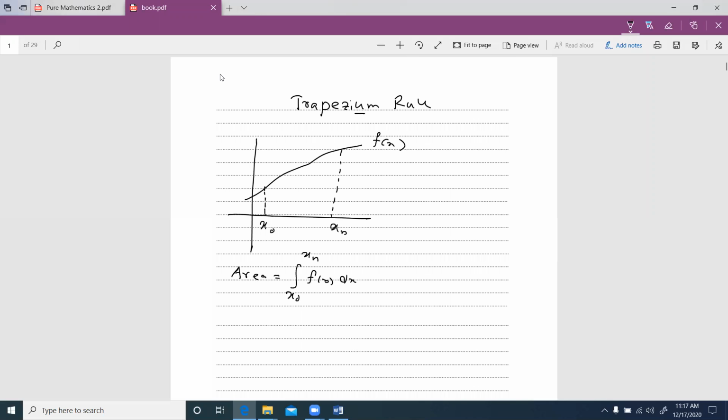So in this case, if it is not integratable or is hard to do with normal integration, we use this trapezium rule. But remember that the trapezium rule gives you only an approximation.